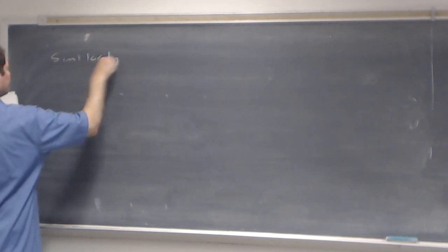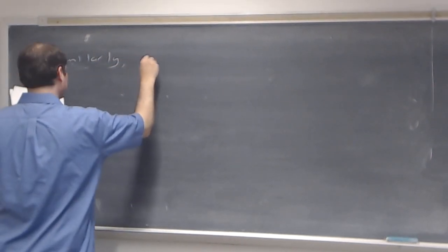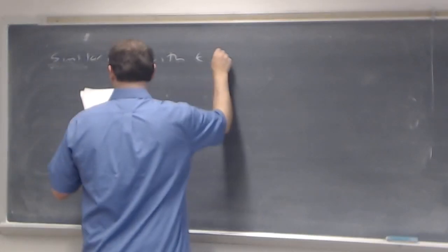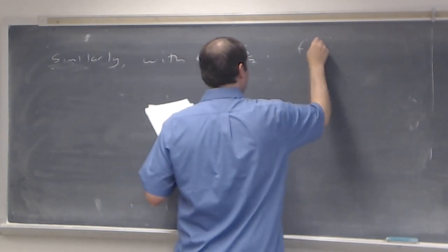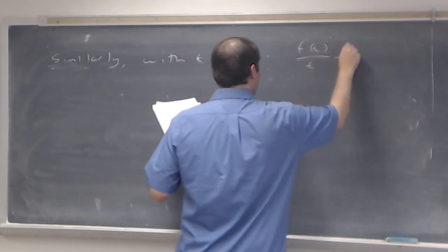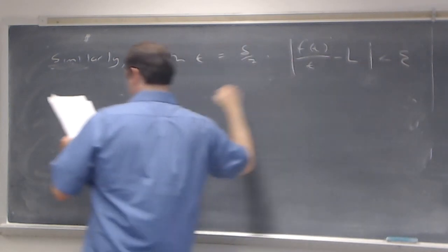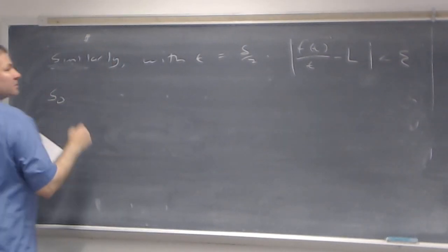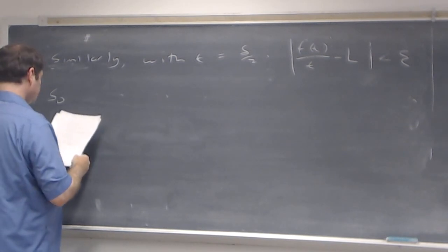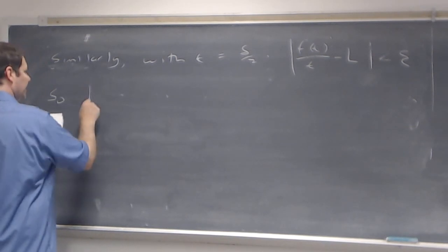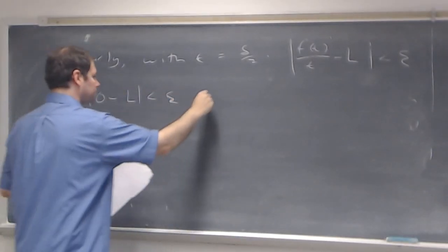Similarly, with t equal to delta over 2, here's what we get. We get that the absolute value of f of t over t minus L is less than epsilon. But how was f of t defined if we pick something that was positive? It was defined to be 0. And so this says that the absolute value of 0 minus L is less than epsilon.